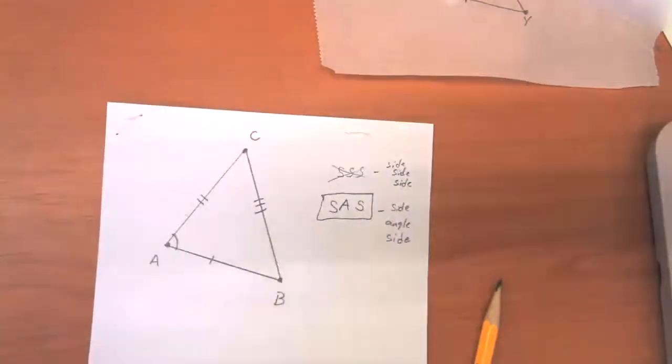We don't just need to use SSS to prove that two triangles are congruent. We can also use SAS if that's the information that we know about two triangles. I hope that made some sense. So the idea is that now we have an extra tool in our toolkit for proving triangles are congruent. Not just SSS, but this new rule of SAS.